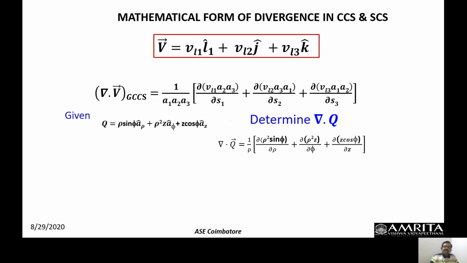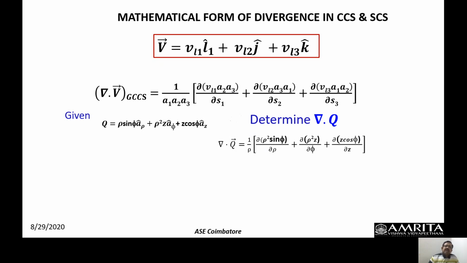Once you know that, we can write this del dot Q as I have written, because I have A2, A3 within the bracket. Be careful here. I want to make one point. This with respect to dou rho is a differentiable function. Therefore, I can take sin phi out for the first term, but I cannot take out the A2, A3. There is going to be one rho coming, and that rho should not be taken out because rho is a differentiable function. That is why I said the unit vectors themselves are differentiable in the cylindrical coordinate system and spherical polar coordinate system.